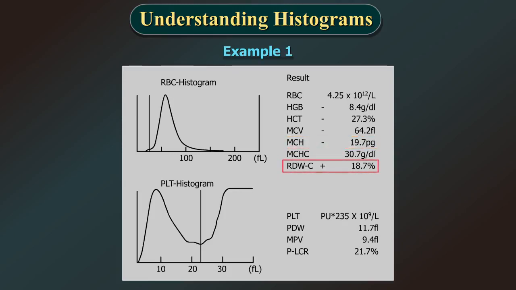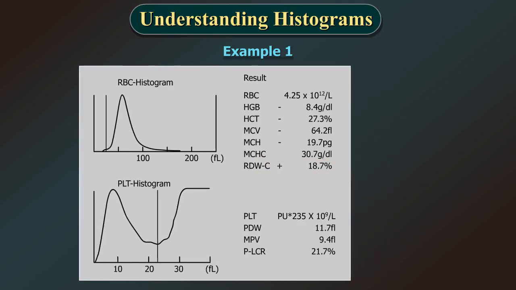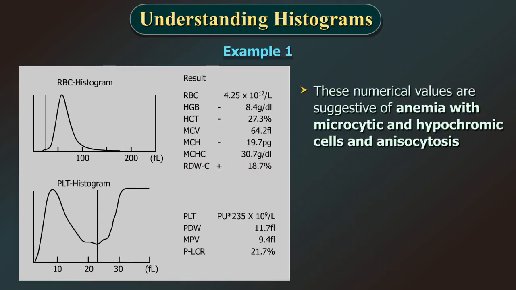The RDW is 18.7%, which is high, indicating anisocytosis or a varying RBC size. The numerical values are suggestive of anemia with microcytic and hypochromic cells as well as anisocytosis.